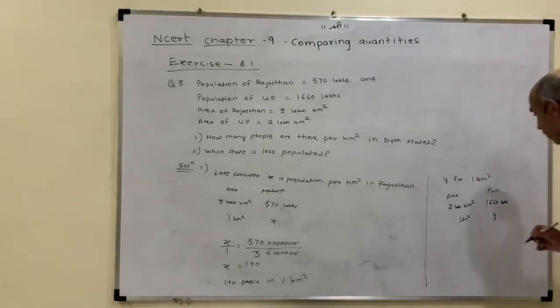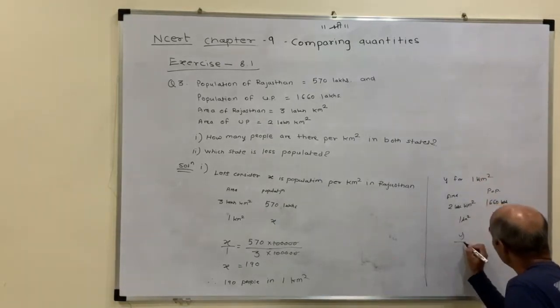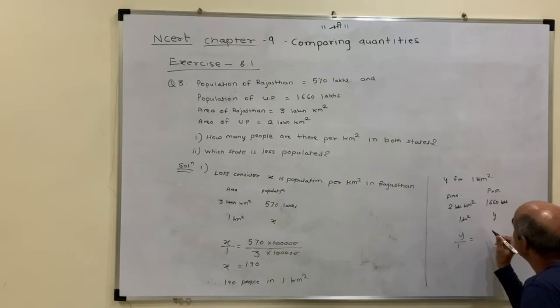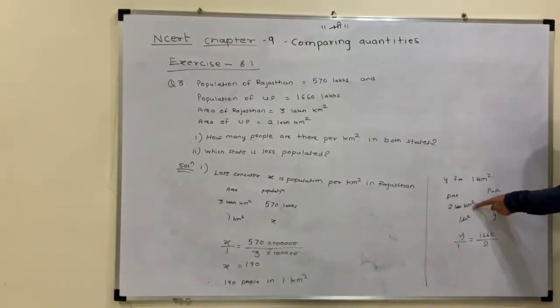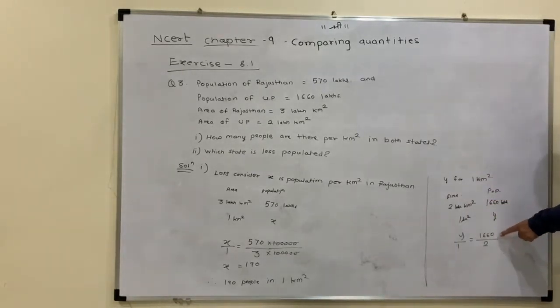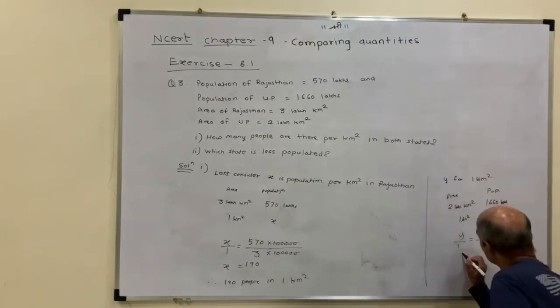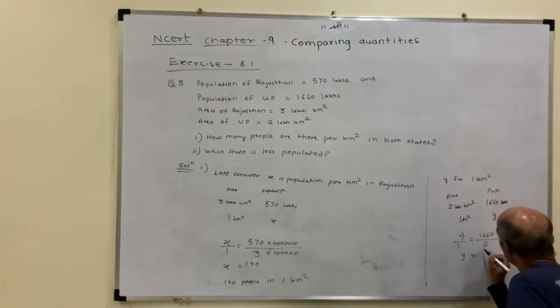So now Y divided by 1 equals 1660 divided by 2. Here again, this is in lakhs and this is in lakhs, so I can put 1660 divided by 2 straight away. So now the value of Y comes out to be 2 8s are 16, 2 3s are 6 and 0.